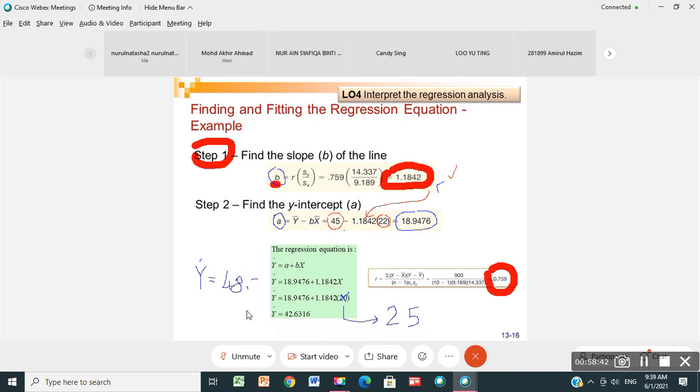Using this formula, we can predict the y value in case we have the x value. In case we say x equal 20, y equal 42.6. X equal 25, y equal to 48.5 and so on. Okay, siapa lagi masih confused?